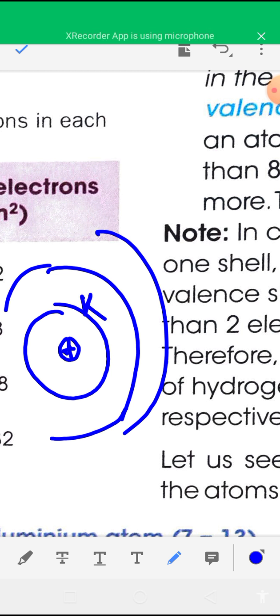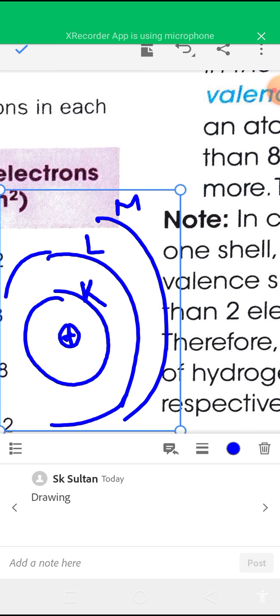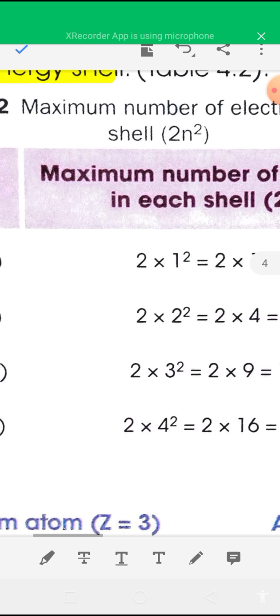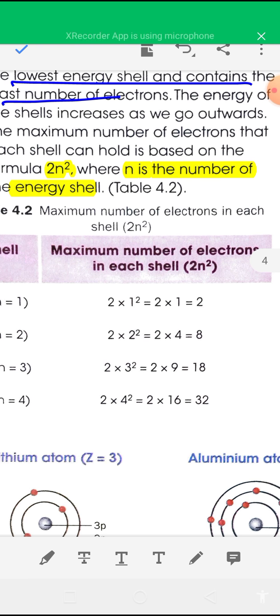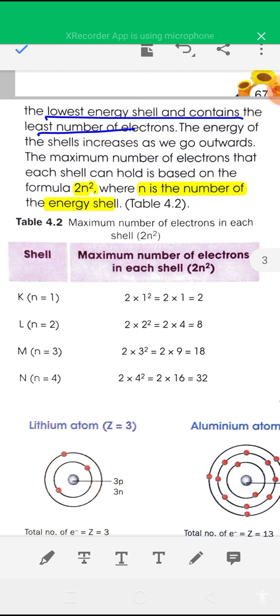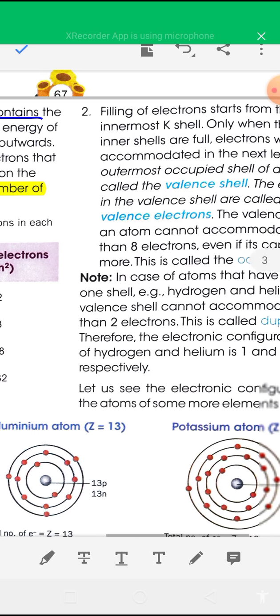The first shell nearest to the nucleus is the K shell, then the L shell, then the M shell. In each shell, the maximum number of electrons can be calculated using the 2n square rule, where n is the number of the energy level.